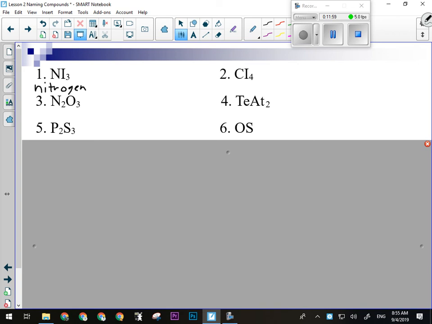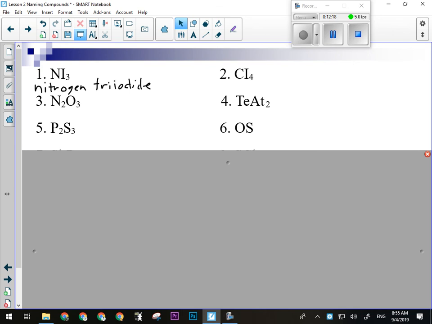But what prefix do I have to put on this? Tri. Nitrogen triiodide. I didn't need to put anything on nitrogen because there was only one, and we don't put mono on the first one. Try up to number 6, and then we'll go through those together. I'll give you a couple minutes there.